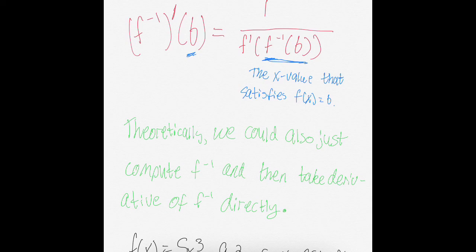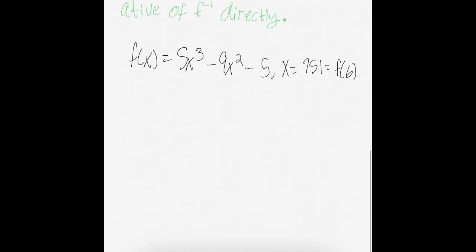Okay, so looking at our formula, we can see that we're going to need to compute f prime, because that goes in the denominator on the right. So let's start by computing f prime of x. Taking this derivative is not so bad. This is just a nice straightforward power rule. So 5x cubed, I'm going to bring that 3 down, and that will be 15x squared, lowering that exponent by 1.